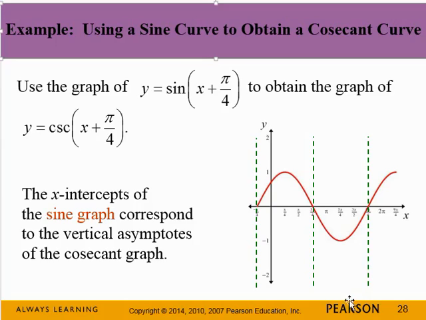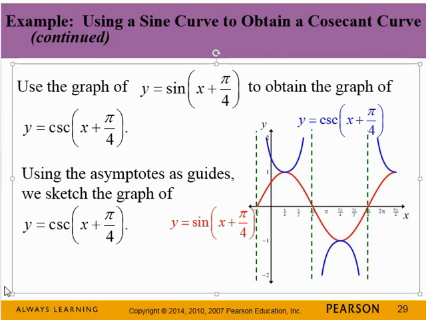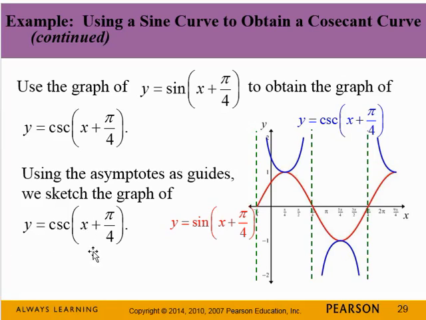Anytime you had a minimum, that was the maximum of your cosecant. See? In red is your sine, and in blue is your cosecant. So it is very useful to find your sine or cosine if you're working with cosecant or secant, and then graph your new one off of that.